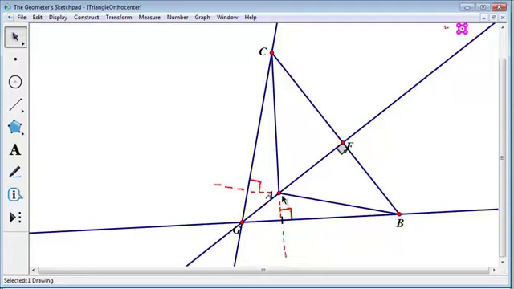We extend side AB out this way. Now here's an altitude for our triangle. So this extended altitude beyond, this extended altitude beyond, and this altitude extended beyond all still meet at the orthocenter G.